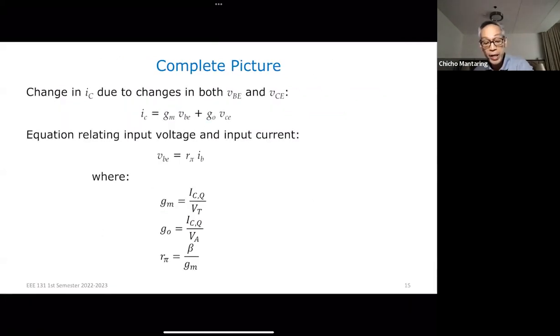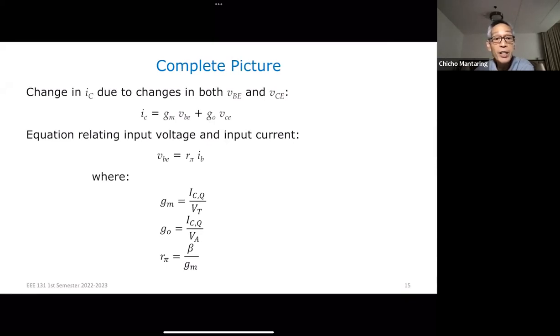So we now have the complete picture. If there are both changes in VBE and VCE, again, these are large signal quantities, but the changes are going to be these small signal quantities, then the total change, I sub C, will be GM VBE plus GO VCE.